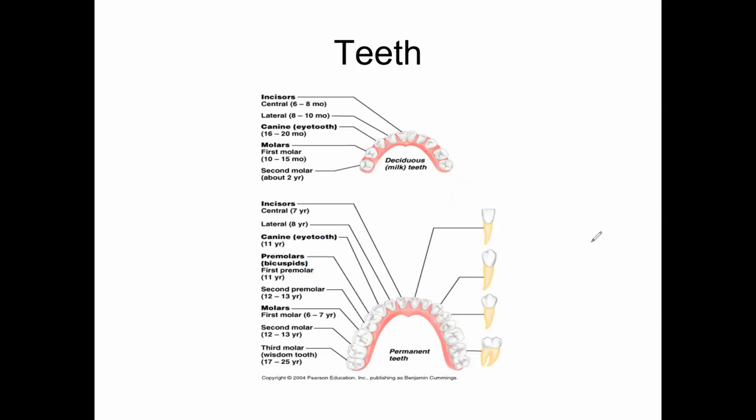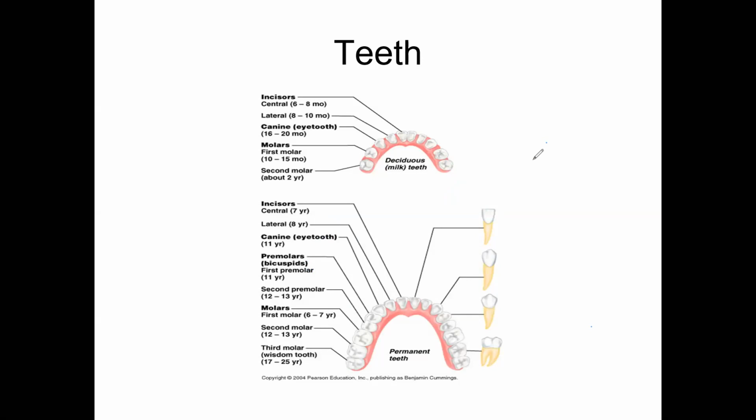Okay. So the next part is the accessory organs, which will be the teeth. For this part, I'm going to ask you to study by yourself. Any structures listed on your lab handout, you should know.